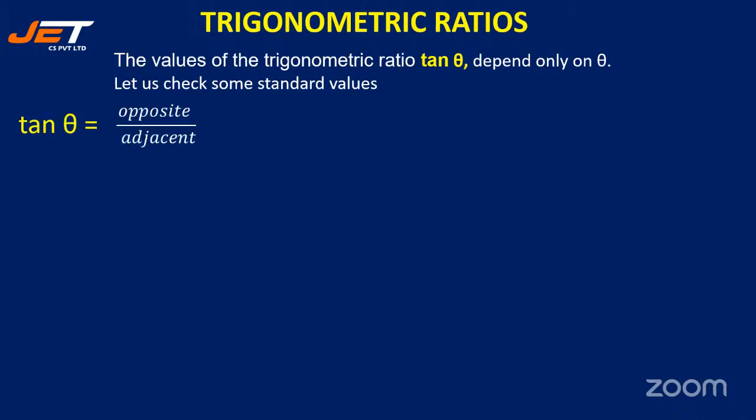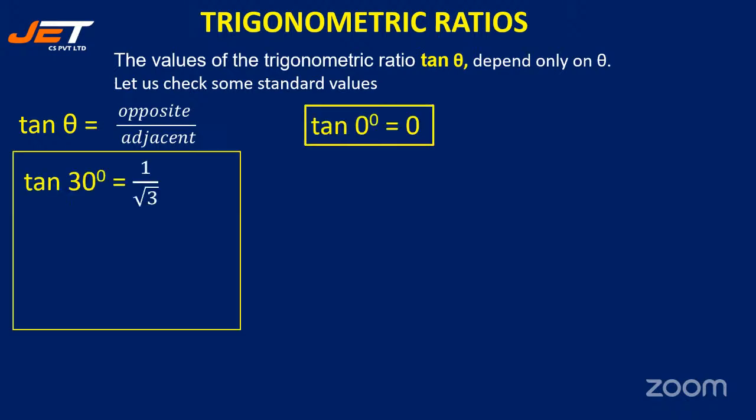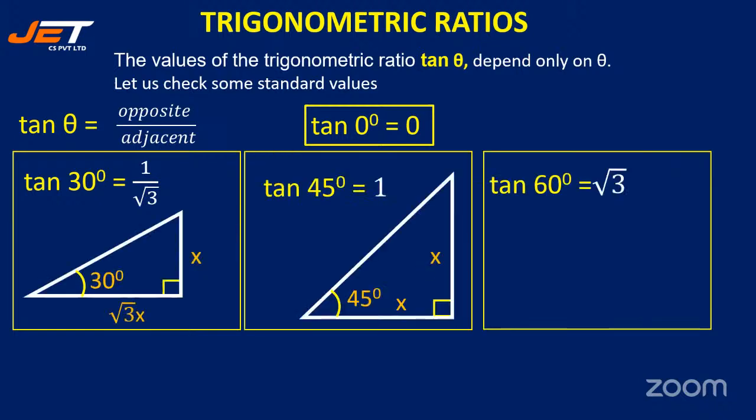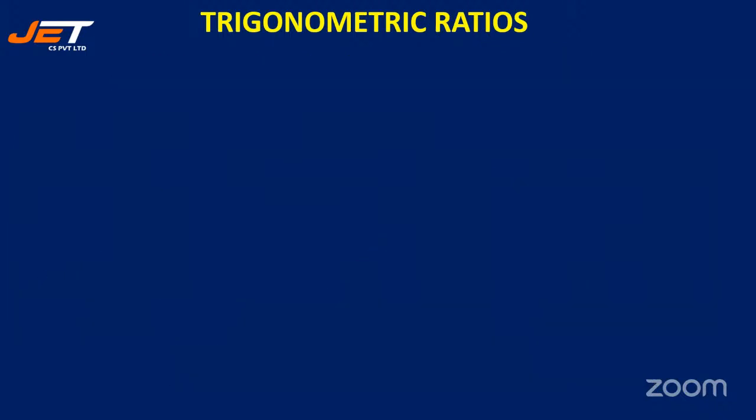Tan theta is nothing but opposite side by adjacent. So tan 0 is 0. Tan 90 is not defined.